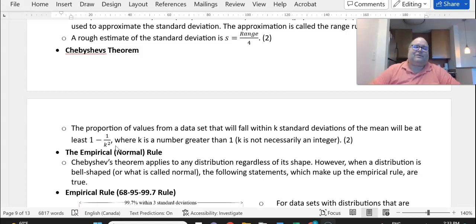This can be done with data that is not as normal as we would like.